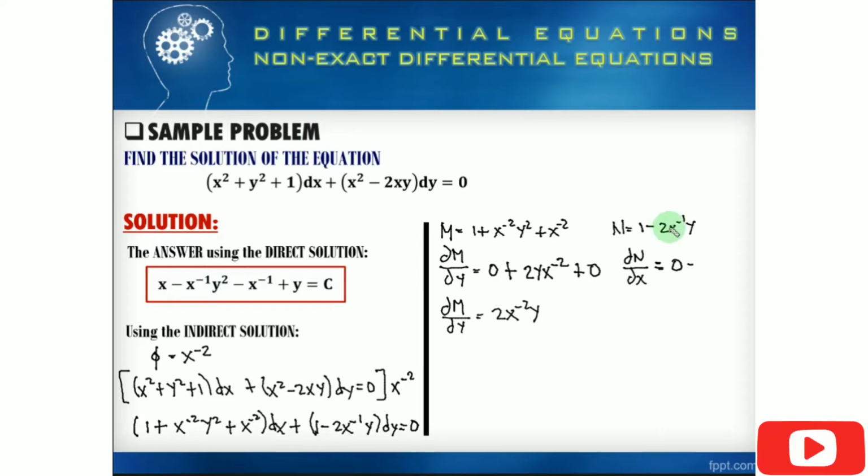To make this clear, since x is the variable, we may write this as 2y times x raised to the negative 1. This is our variable, and we consider this 2y as our constant.